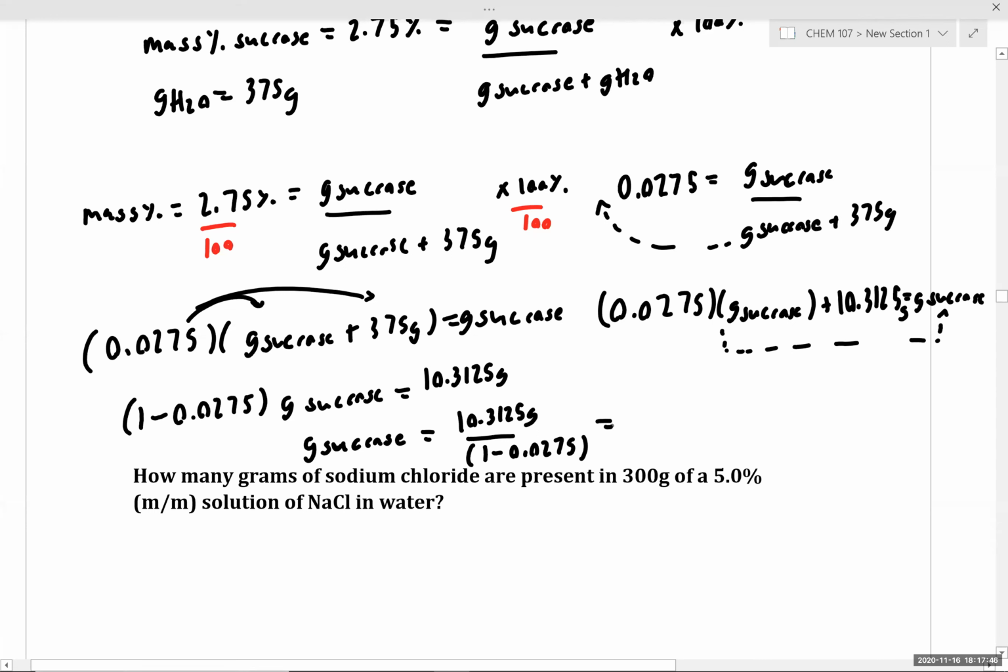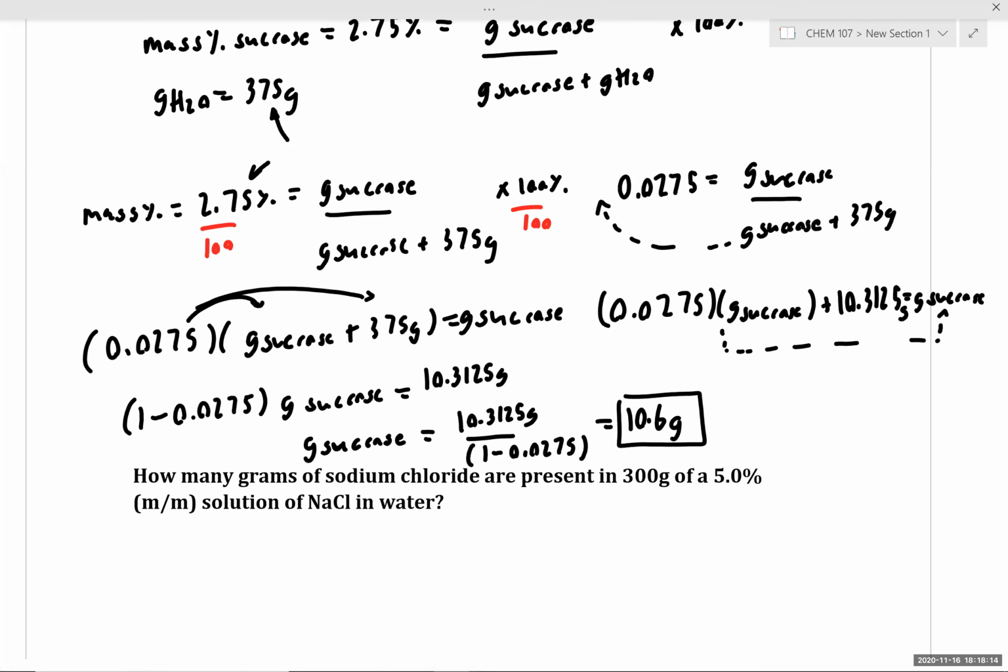Punching this into our calculator, that in turn gives us 10.6 grams of sucrose, respecting the fact that our mass percentage and initial input had 3 significant figures.